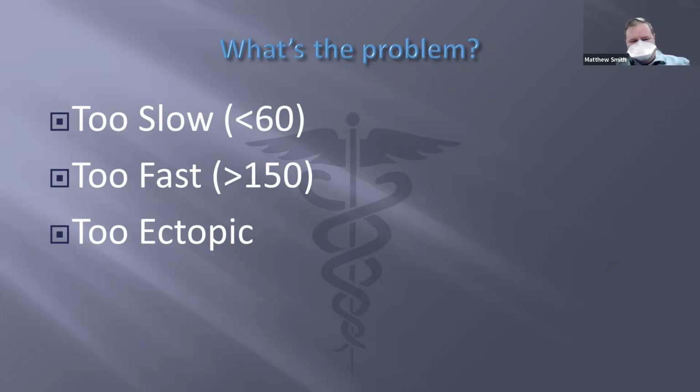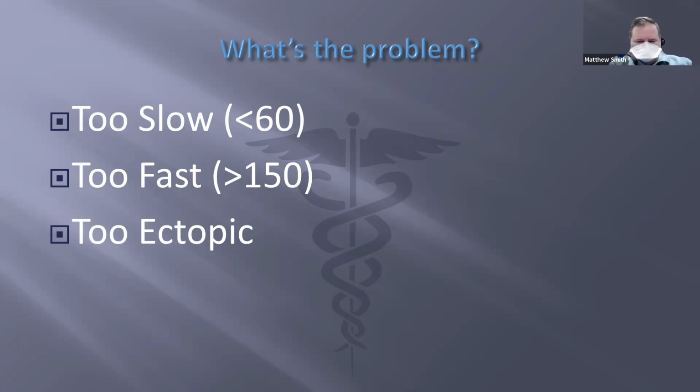So too fast, too slow, or too ectopic are really the only three things that you need to worry about being wrong with the heart rhythm. And you can very simply, by looking at the monitor, determine which of these categories you're in. If the heart rate's less than 60, you're too slow. If it's above 150, you're too fast. And if the squiggly lines aren't squiggling the right way, then you're too ectopic.